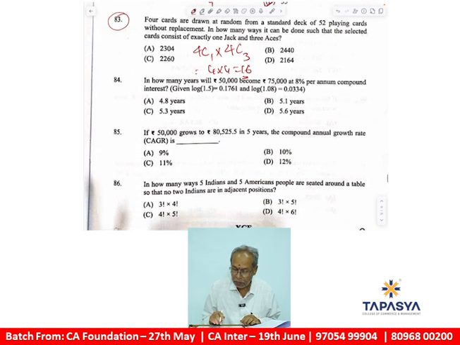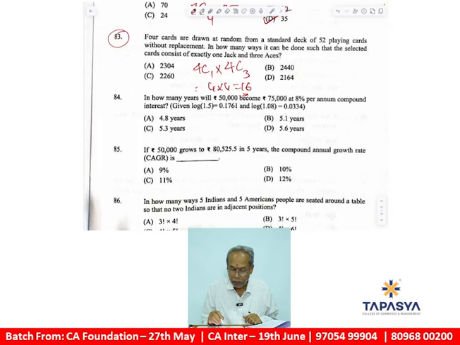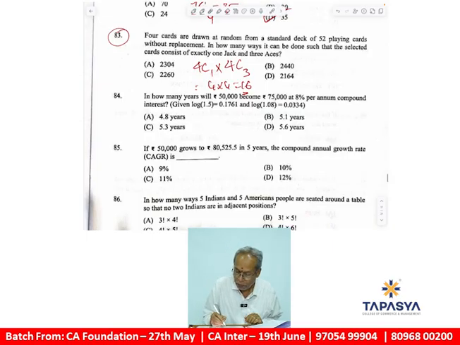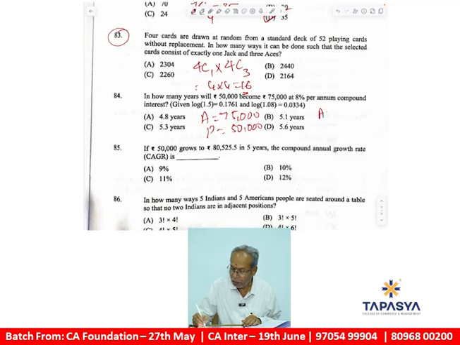Right. Next comes the compound interest question: how many years will it take? Amount is given, A is equal to 75,000 and my principal is 50,000 rupees. Is it clear? Then you have to find N. So we have the formula A is equal to P into 1 plus R by 100 whole power N. So 8% R is given.